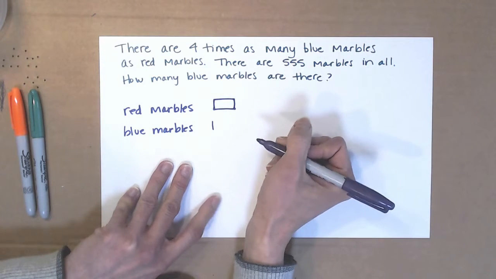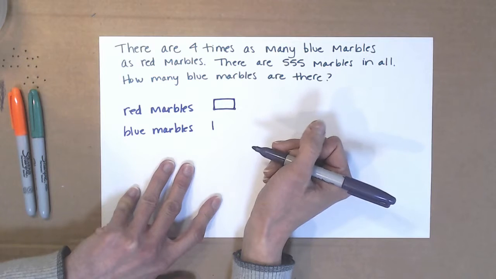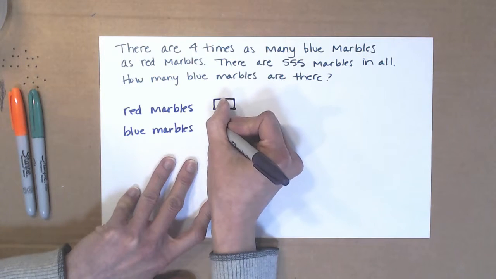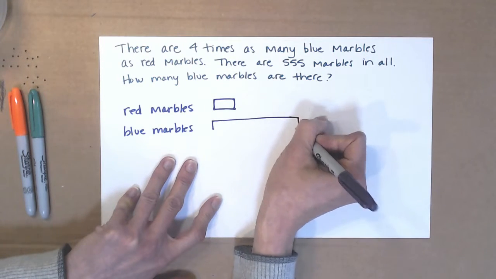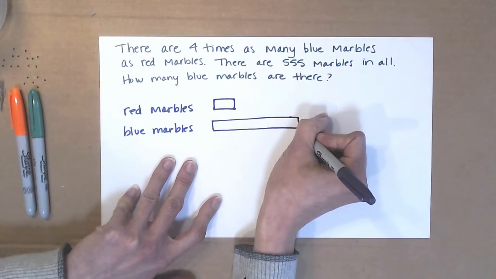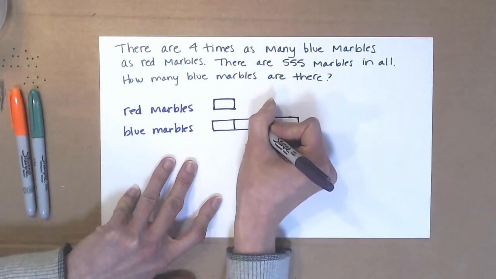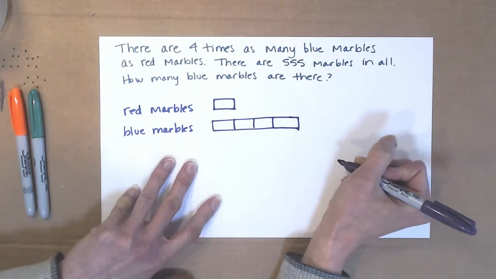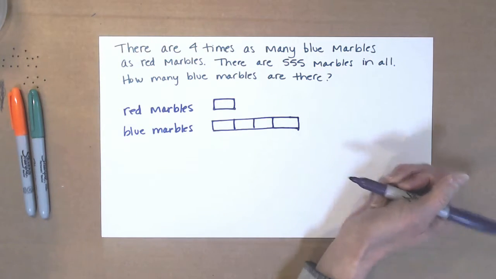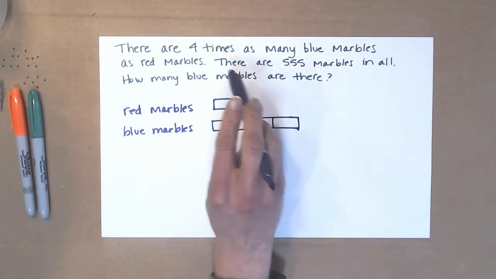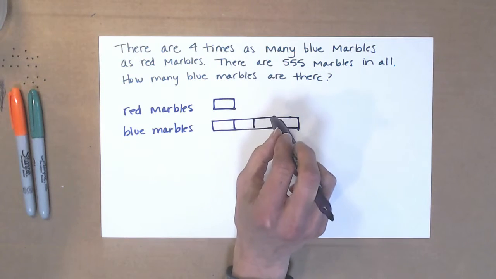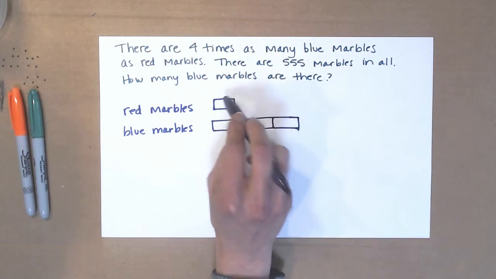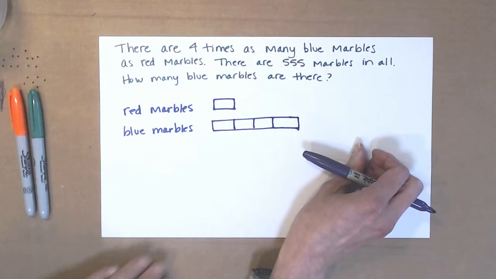And then we want there to be 4 times as many blue marbles. So we want a bar that's 4 times as long as our red. Okay, so now this picture should represent the problem. There are 4 times as many blue as red marbles. 1, 2, 3, 4, and 1 red.